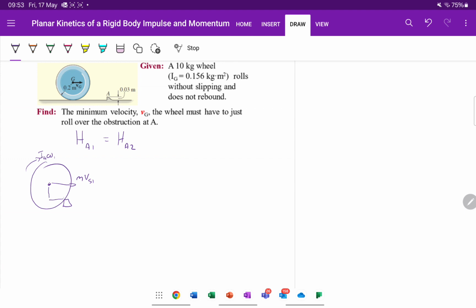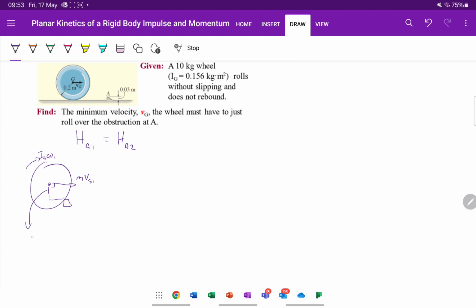So in order to calculate the angular momentum, the angular component that this linear momentum MVG gives, we need the perpendicular distance. A bit like when we're doing moments, we need the perpendicular distance. So that's going to be the radius.